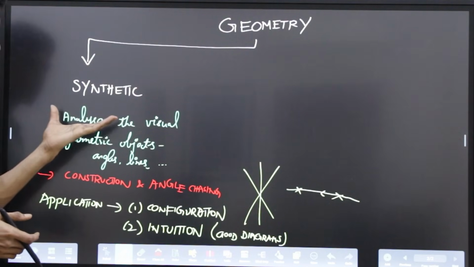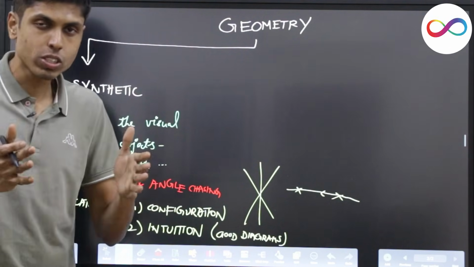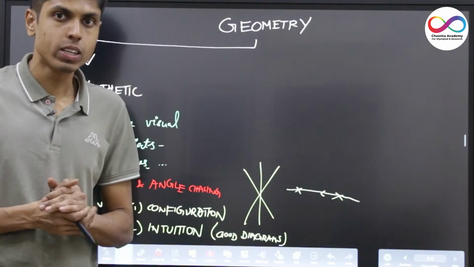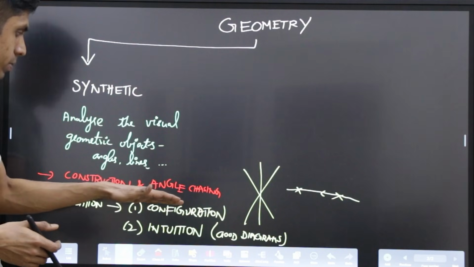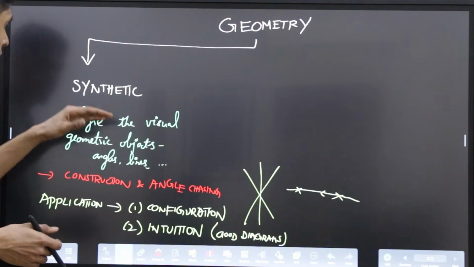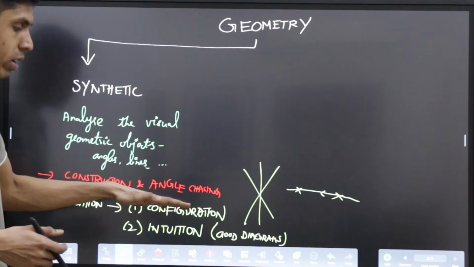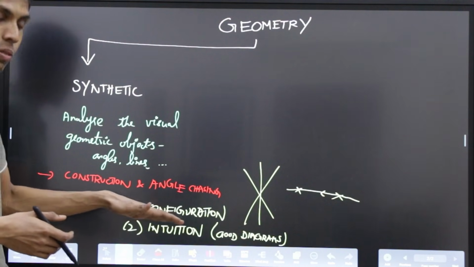That's why this is known as analyzing the visual geometric objects. So you pay attention while you solve the problem, right? You should not be distracted. So these two are the main places where you start applying the synthetic method: when you identify some nice configuration, or if you're able to conjecture something through intuition.